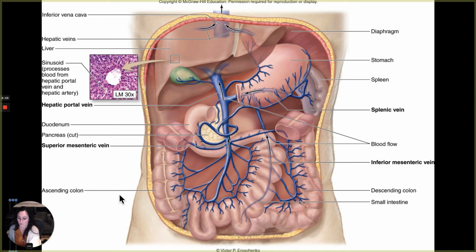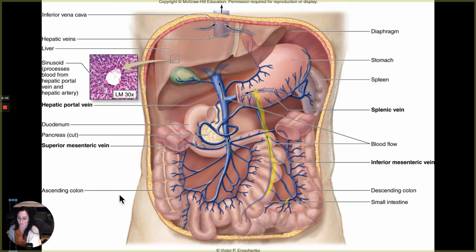Notice where it's coming from. This guy is coming from the descending colon and sigmoid colon, and blood is going up. Let me draw that better. It was all shaky. Blood is going up. So that vessel is the inferior mesenteric vein, because the blood is coming from the descending and sigmoid colon. That's the inferior mesenteric vein.